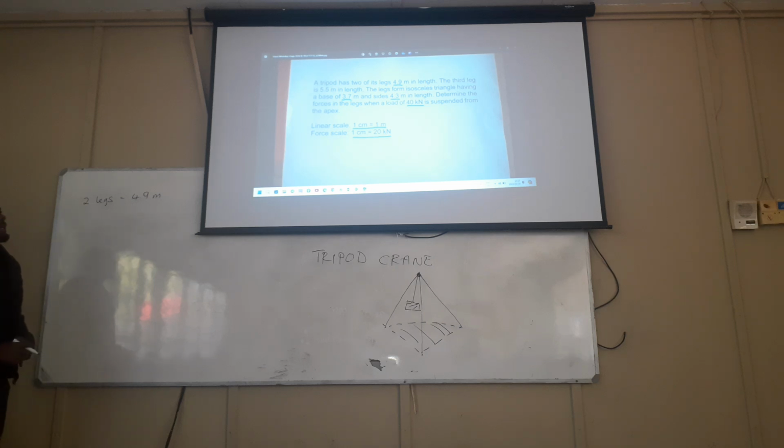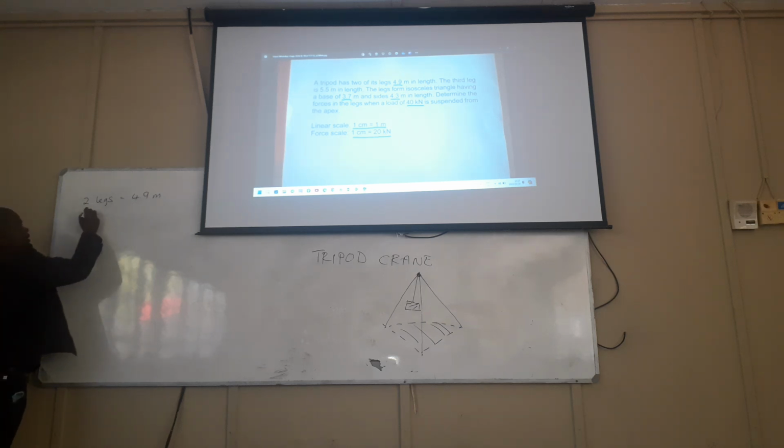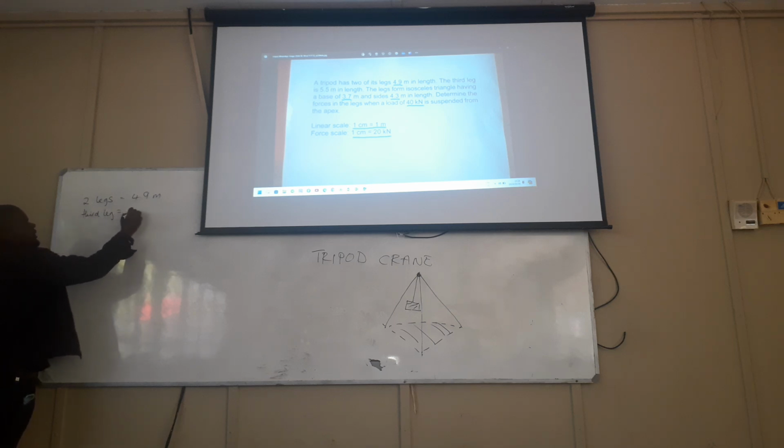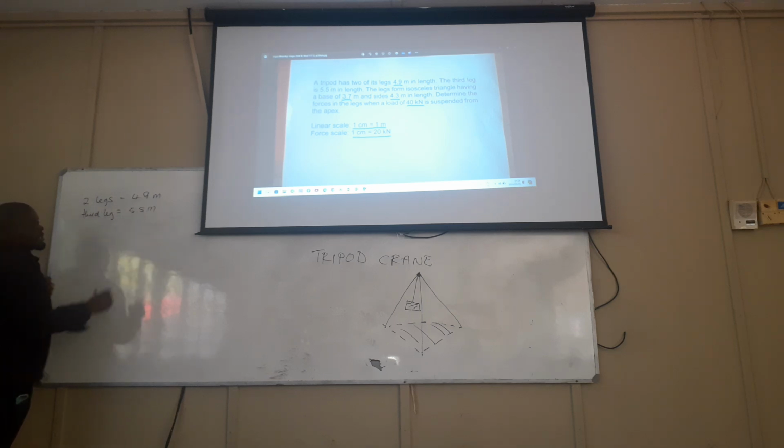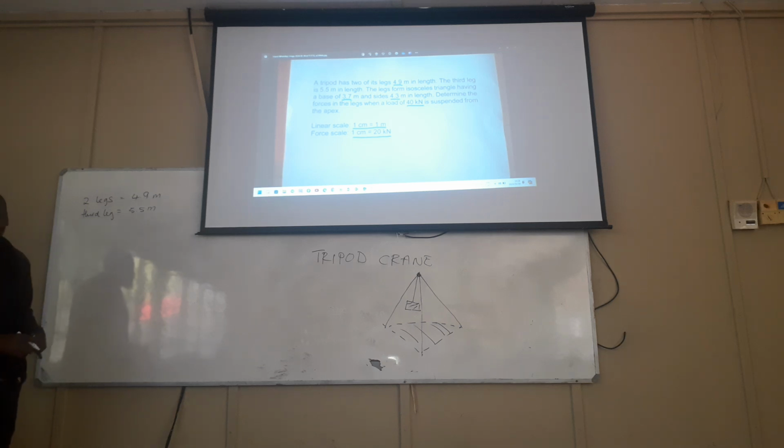And it goes on to say the third leg is 5.5. So third leg is equal to 5.5 meters. The question goes on to explain that the legs form an isosceles triangle having a base of 3.7.